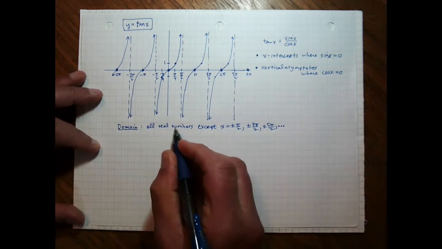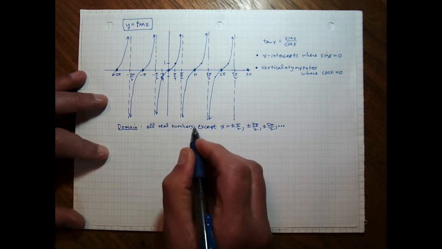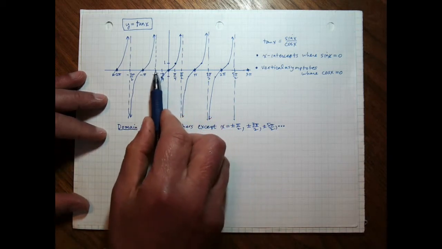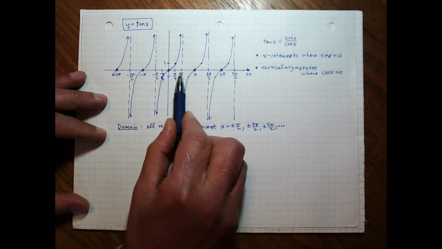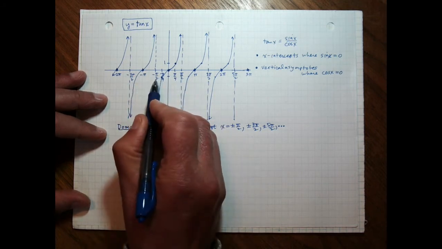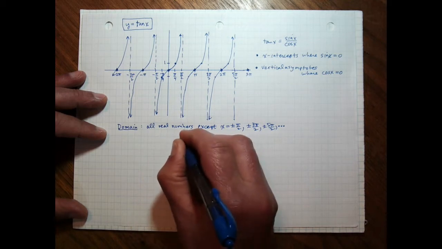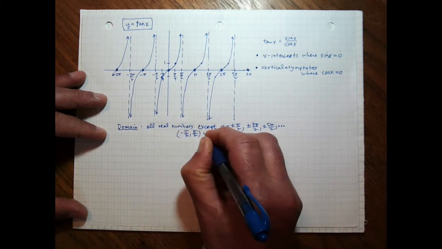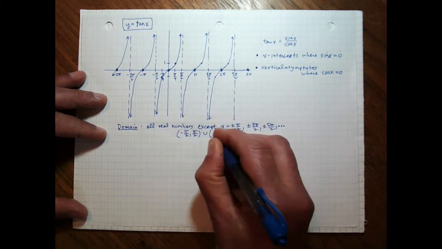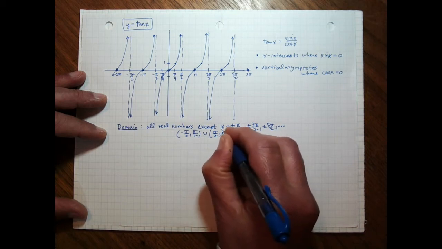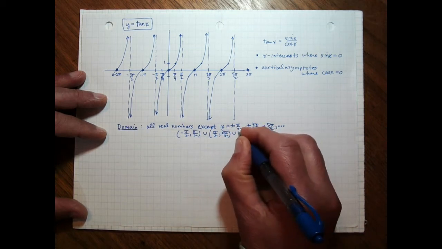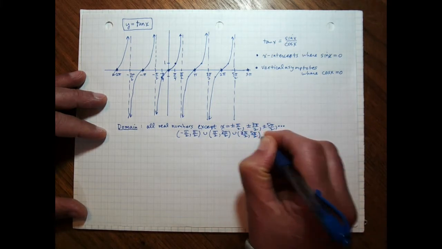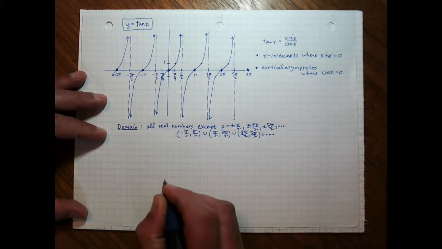If you want to describe the domain in interval notation, it's also a mess. Each interval represents a portion of the x-axis between two vertical asymptotes. So one interval would be from negative pi over 2 to pi over 2 in parentheses, union pi over 2 to 3 pi over 2, union 3 pi over 2 to 5 pi over 2, union, you just have to say dot, dot, dot, on and on and on.